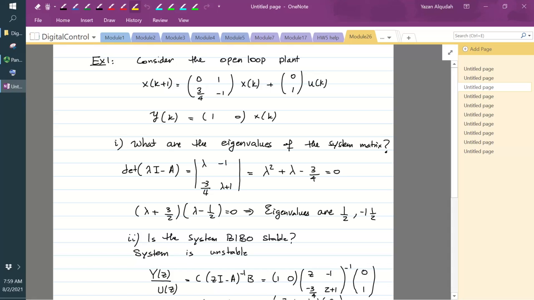Let's look at an example. So we have the open loop system, x of k plus 1 equals [0, 1; 3/4, -1] x of k plus [0; 1] u of k, and y of k is equal to [1, 0] x of k. This is a 2 by 2. And therefore, what are the eigenvalues of the system matrix?